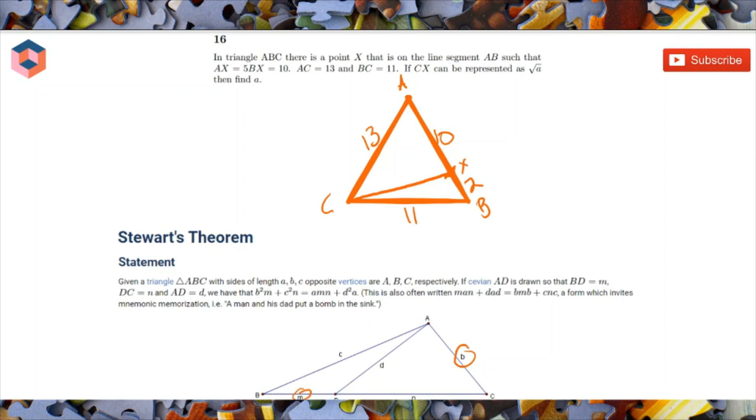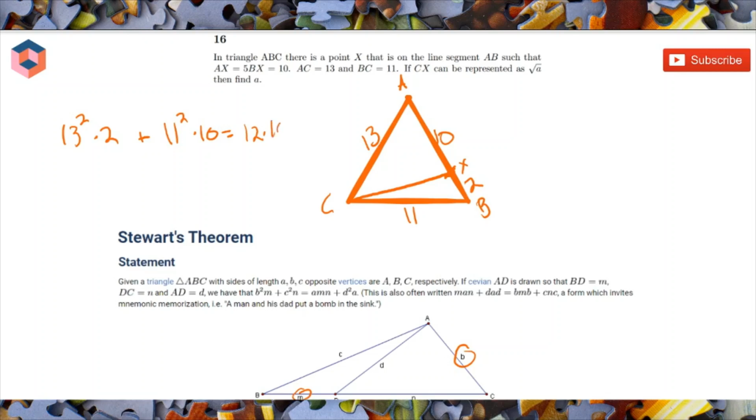So we get 13 squared times 2, plus we do the same thing for the other side to get 11 squared times 10, is equal to amn, a times m times n, which is a is 10 plus 2, or 12, times m is 10, or you can call it 2, it doesn't matter, due to the commutative property.